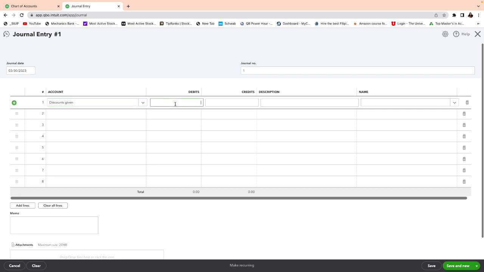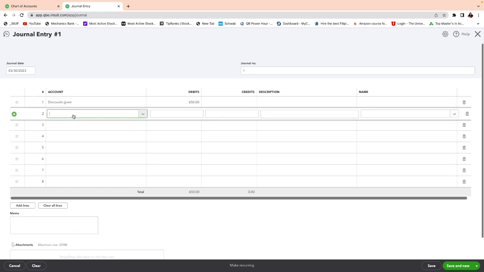So let's suppose that we're off by $650. The discount for whatever reason didn't show, and my counter account here is going to be my sales, because my sales did not reflect the discount, neither did they reflect the sale of the product. It's kind of interesting. This one is going to even out.